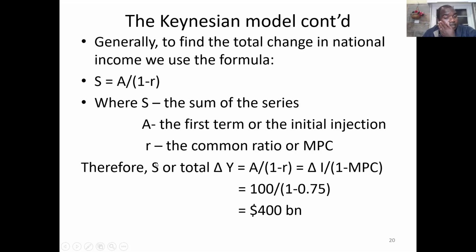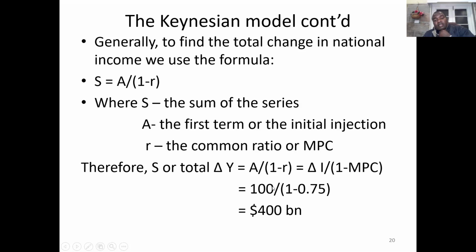Contextualizing the formula to our current situation, capital letter S is simply the change in national income, the composite change in national income, or the summation of the change in national income. Not just the change in national income in one round, but the overall or total change in national income, which is equal to capital letter A, which is simply the change in investment in our scenario, divided by (1 minus r), where small letter r is the marginal propensity to consume.